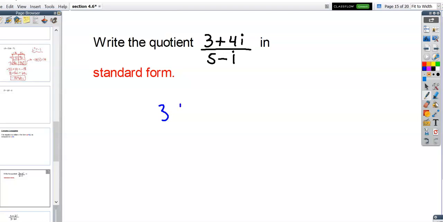So let's rewrite 3 plus 4i over 5 minus i. To multiply by the conjugate, we just change the subtraction in the denominator to addition. So this should be 5 plus i.